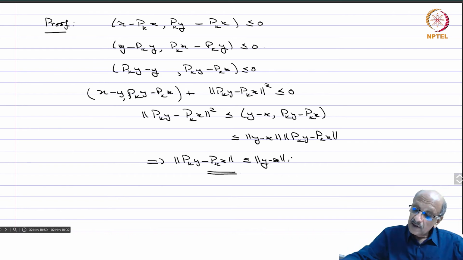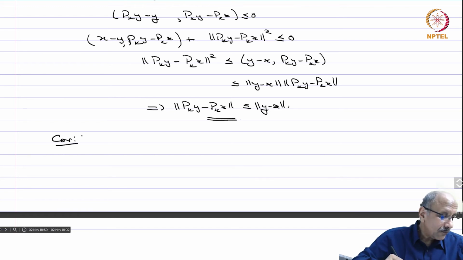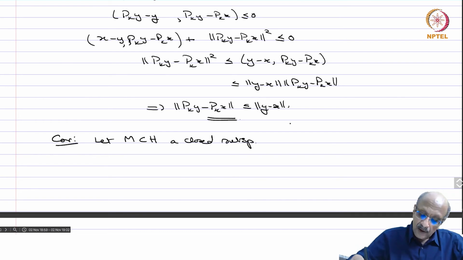Okay, corollary. Let M contained in H be a closed subspace. So it's a closed subspace, so it's automatically convex. Okay, so closed subspace is a particular case.